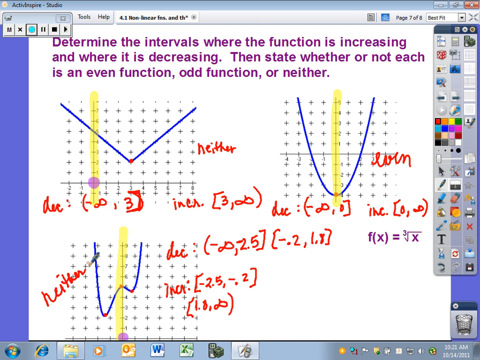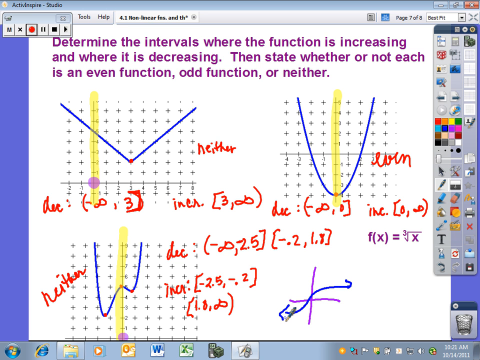But if they're given to you algebraically, to see where they decrease and increase, you're going to have to put it on your graph. And I know that the graph of a cube root should look like this.